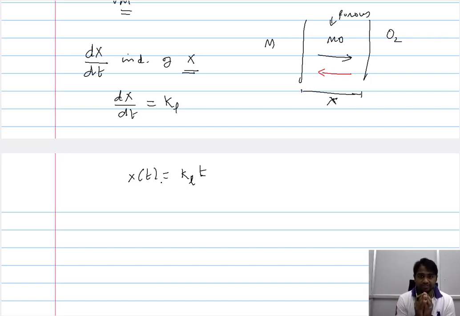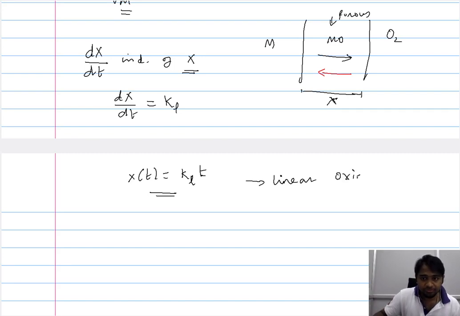In such a case, the thickness of the material at a given instant t is linearly proportional to the time t. Therefore, this oxidation rate is referred to as the linear oxidation rate.